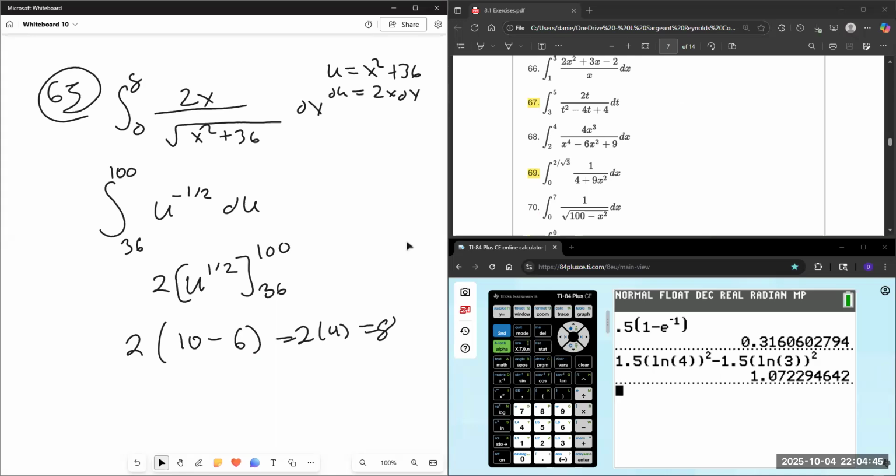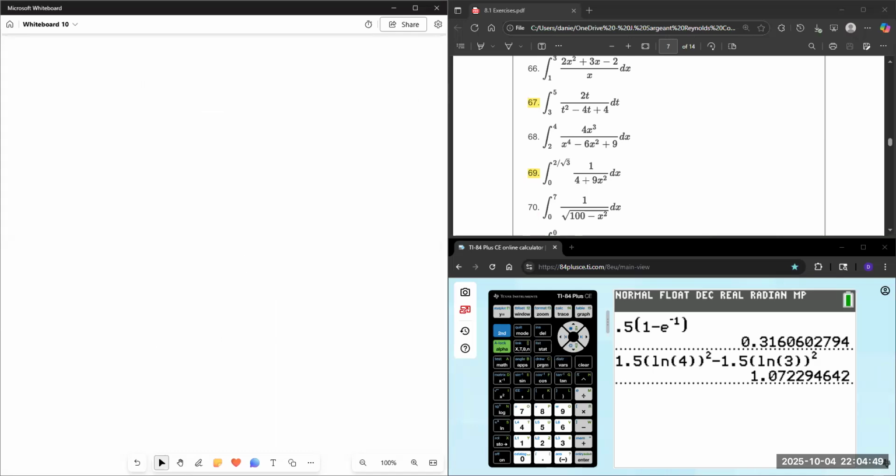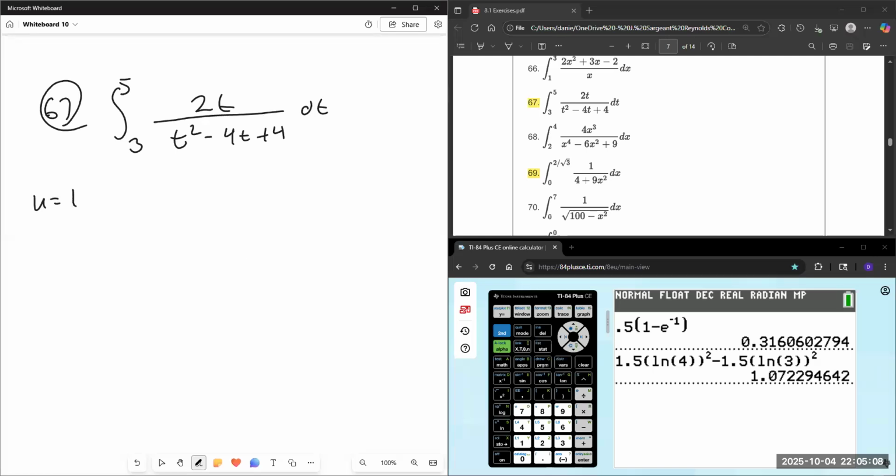Let's look now at number 67. 3 to 5, 2t over t squared minus 4t plus 4 dt. So u is equal to t squared minus 4t plus 4. Du is 2t minus 4 dt.